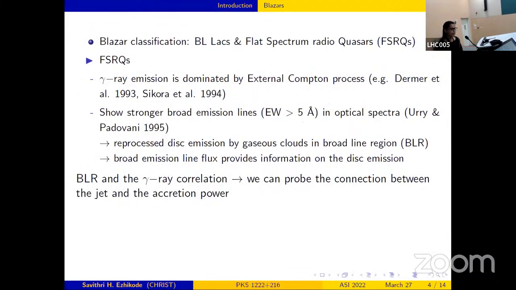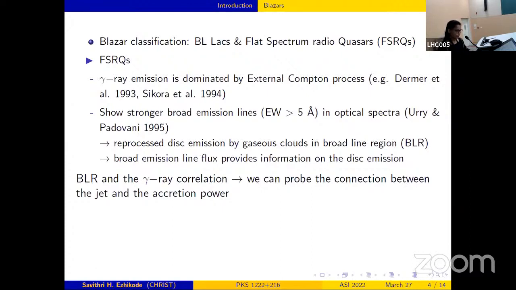So blazars can be broadly classified into two categories. One is BL Lac objects and the other is flat spectrum radio quasars. Both of these objects are continuously detected in gamma rays. The gamma ray emission from BL Lac objects is usually dominated by the synchrotron self-Comptonization scenario, whereas in the case of FSRQs, the gamma ray emission is dominated by the external Comptonization scenario.